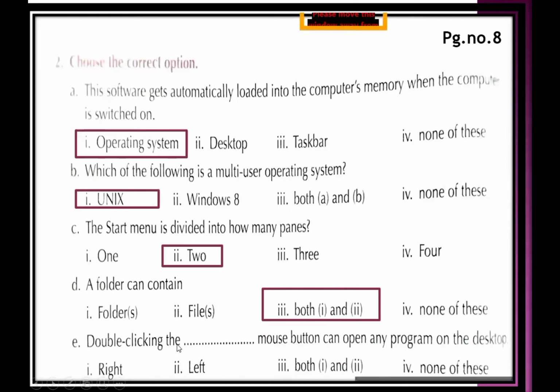Number E: double clicking the dash mouse button can open any program on the desktop. When you want to open any program on the desktop, which button will you click? Right button, left button, both 1 and 2.